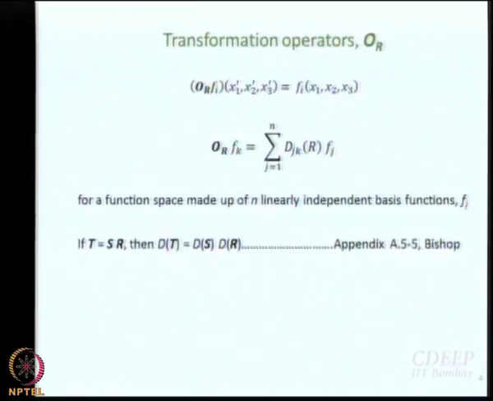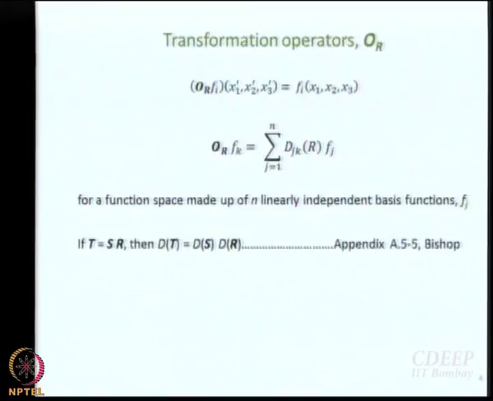Okay. Now, this is something that I am not going to prove, because I think you understand this intuitively anyway, that if T equal to SR, then the transformation matrix dT is a product of transformation matrix dS multiplied by transformation matrix dR. Do you believe me when I say this? T, S, R are different symmetry operations.